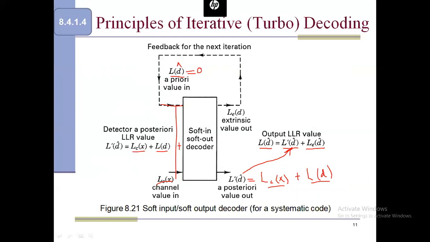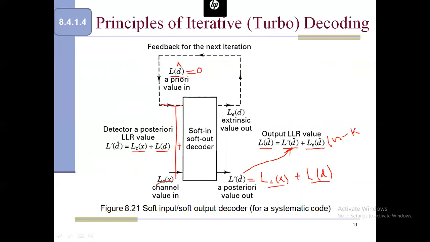We estimate the extrinsic value based on the extra bits of the encoder, which is n minus k.